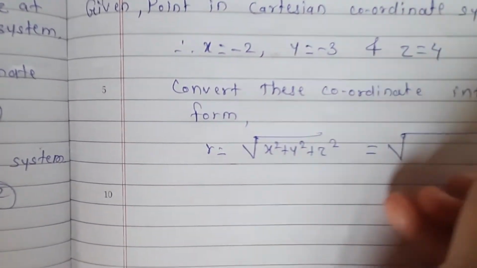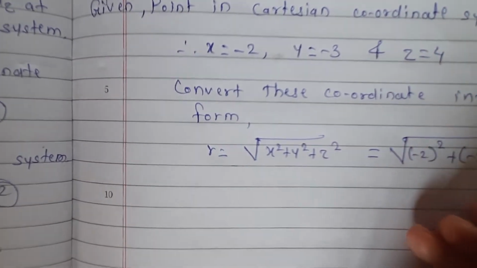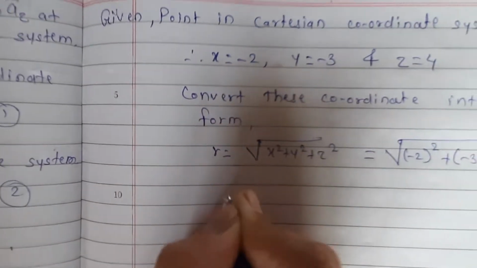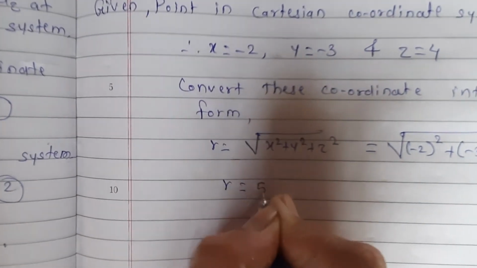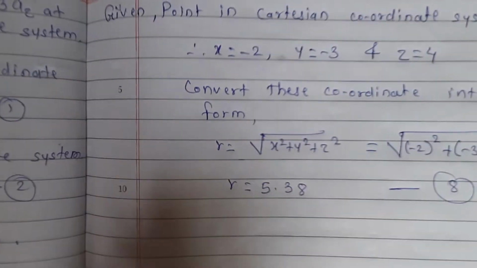So it is minus 2 square plus minus 3 square plus 4 square, and by using calculator, r is equal to 5.38. This is our equation number or value, equation 8.